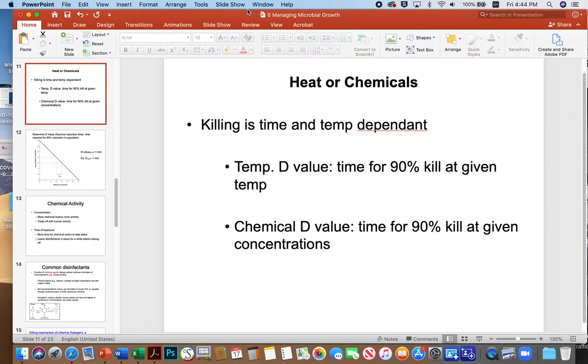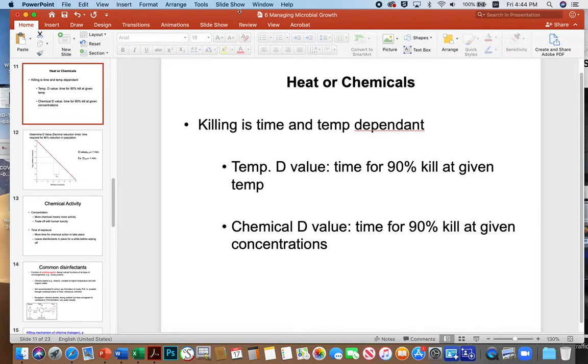But the focus on this slide is using heat or chemicals, and how we use the concept of a D value to understand how effective either of these things is. In this particular case, the first bullet point is a temperature D value. As you can see, it's both time and temperature dependent. That's what D value refers to: the time for 90% kill at a given temperature.